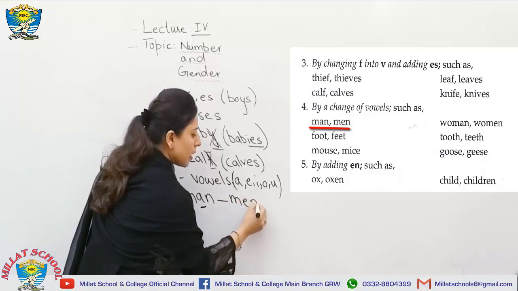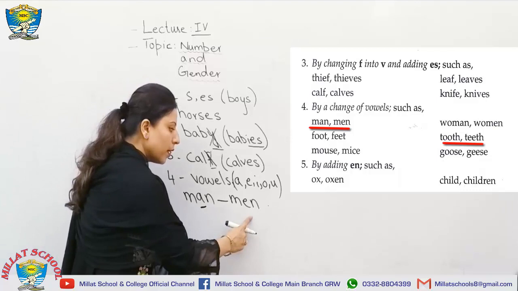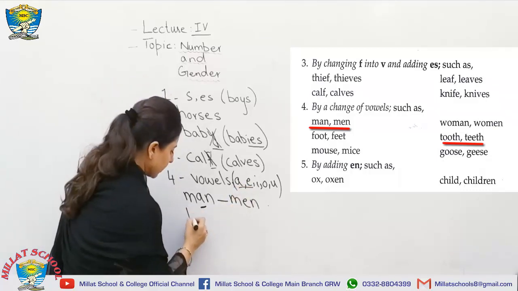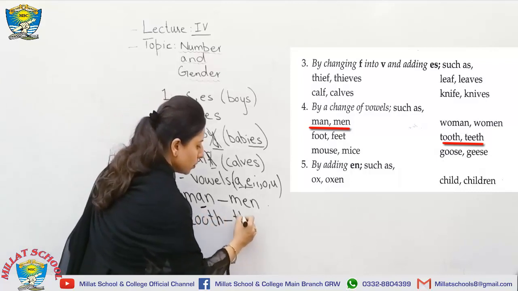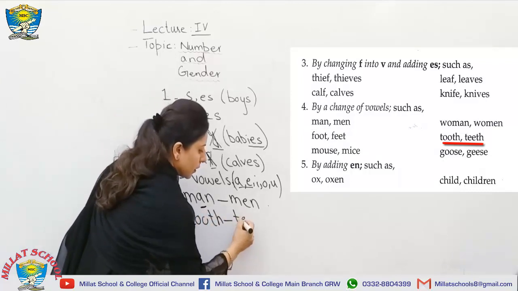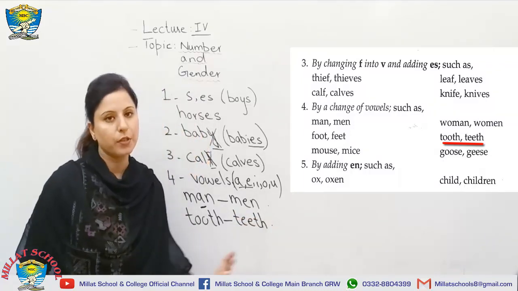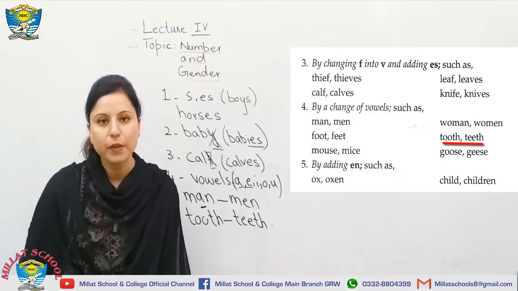Means if there is A, you will change it into E. And if there is double E, like teeth, tooth, you will change it to double O. It means vowels are going to replace each other. The next examples are given on page number 21.